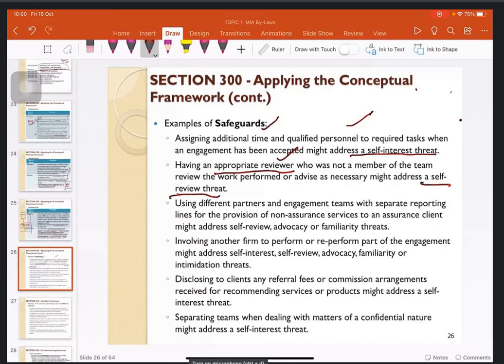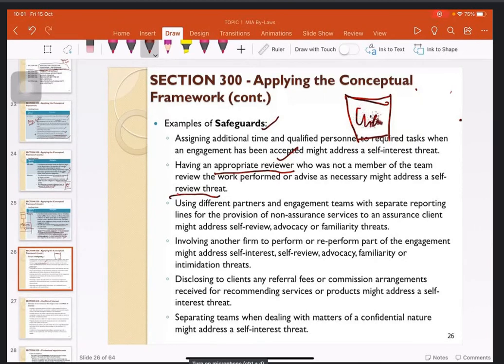Ataupun I bagi satu example, this one pernah keluar dalam soalan exam ya. Katakanlah bahawa here, let's say this one adalah client. I guna scenario yang dalam exam question hari tu. I think last 2 semester kot.